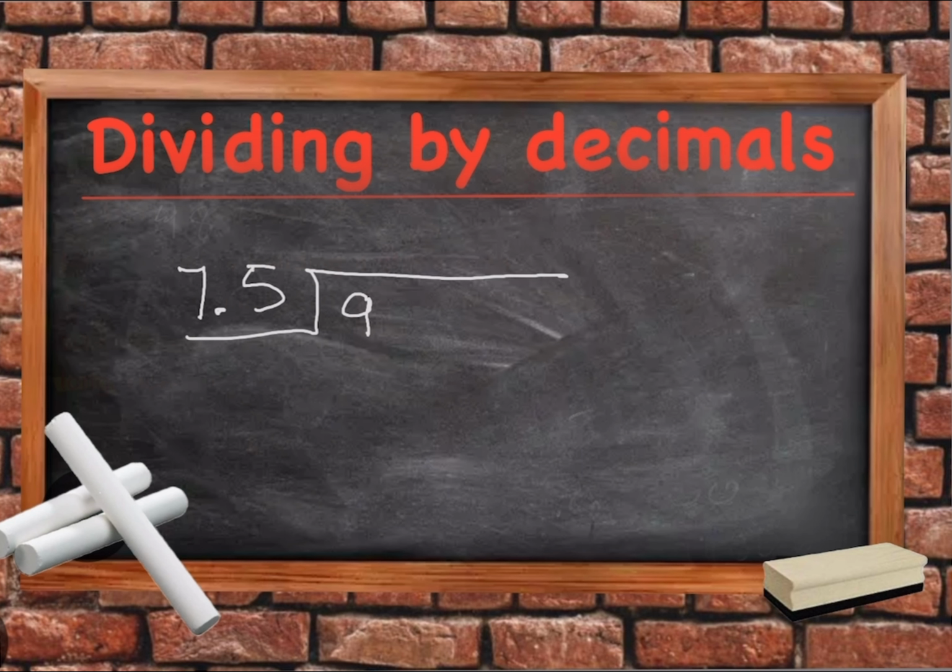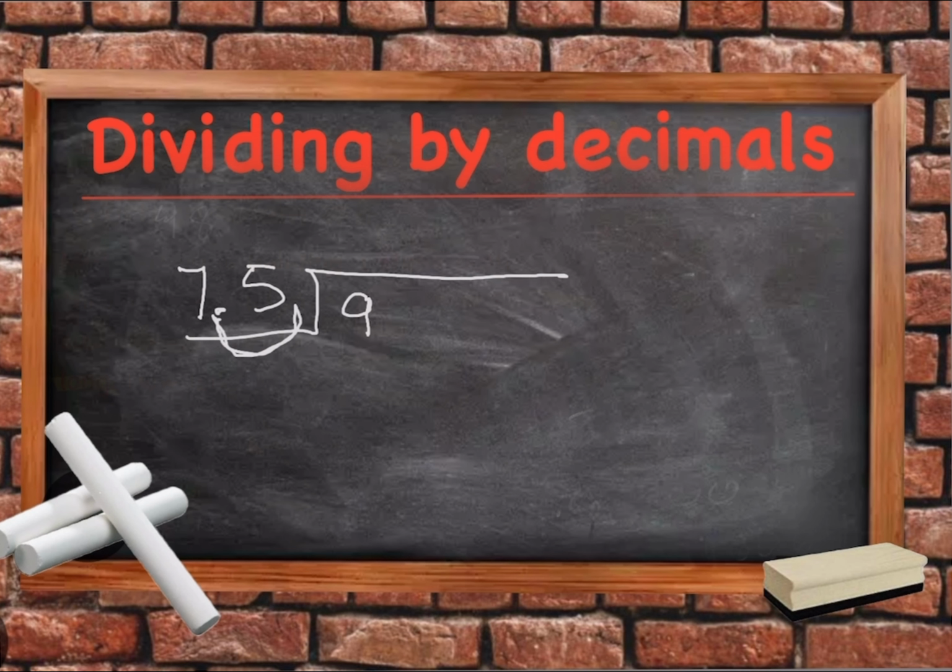So the first step is we have to see the number that has a decimal. In this case, it's our divisor. So we have to move the decimal one place to the right because there's no other places to move it.